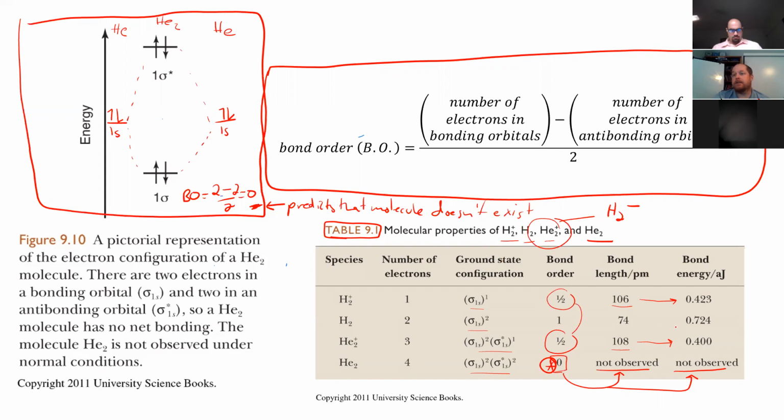Whereas if you compare either of these to the bond order of one molecule, that bond order of one shows a much stronger bond, almost twice as strong as the bond order of a half.